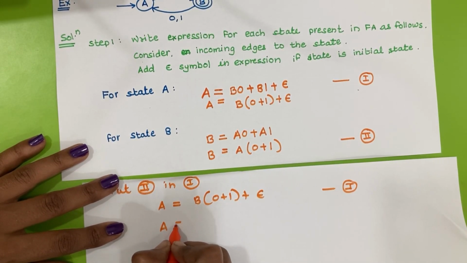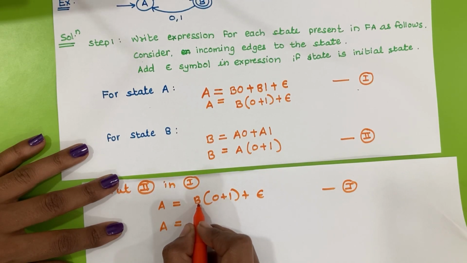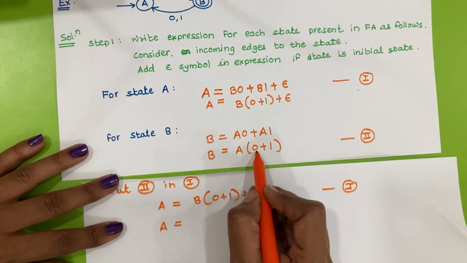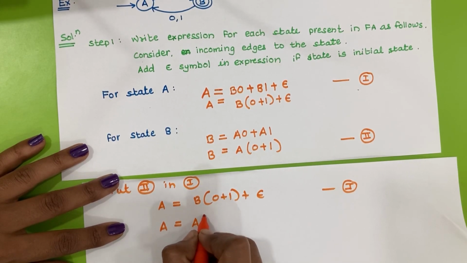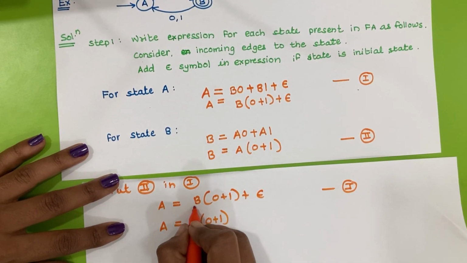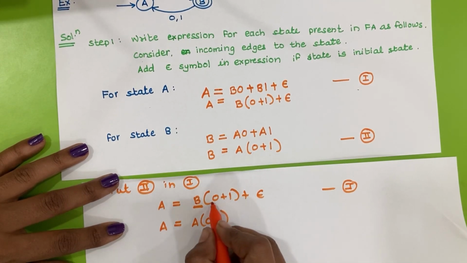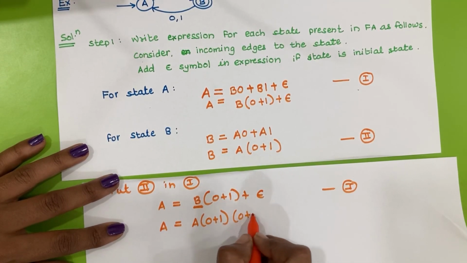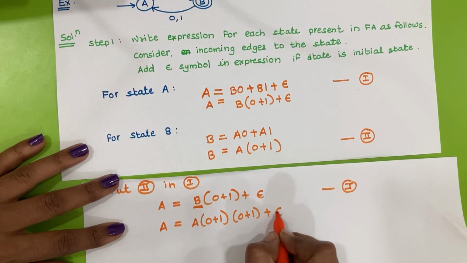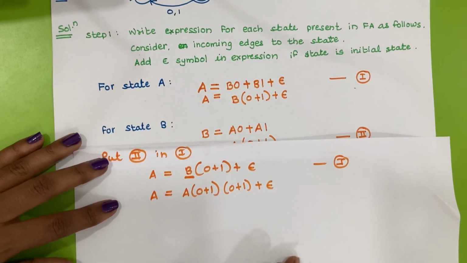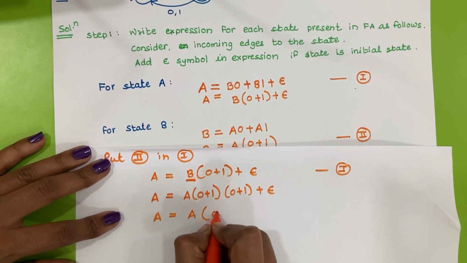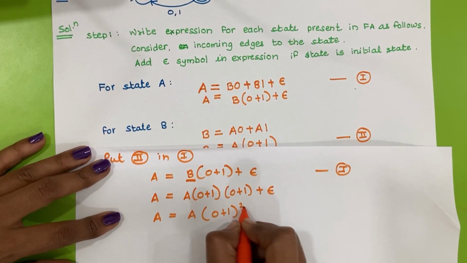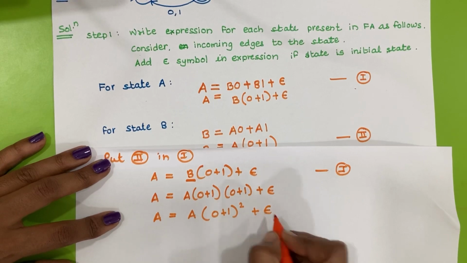Instead of B, I'll put A into 0 plus 1, and the remaining term will be written as it is. So that is nothing but A is equal to A(0 plus 1) bracket square plus epsilon.